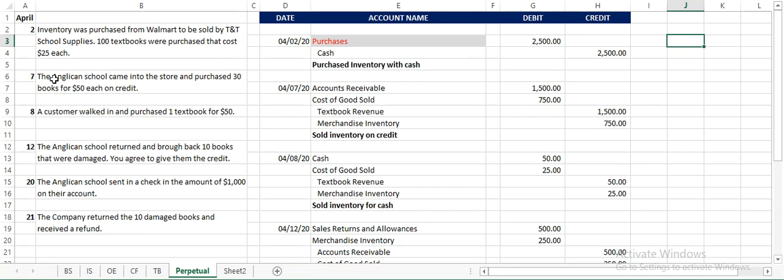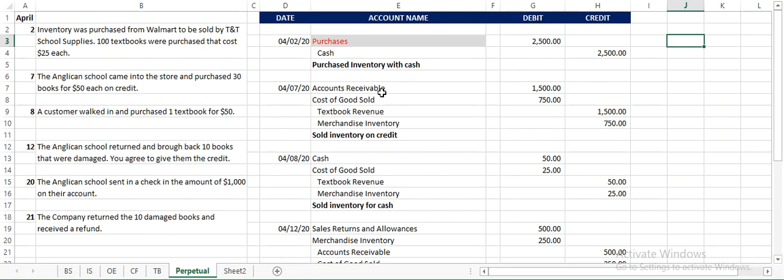The second one, the 7th. The Anglican school came into the store and purchased 30 books for $50 each on credit. Now, this is the transaction where we have 4 accounts. 2 of these record the effect of the sale, and 2 of them record the effect of the inventory.